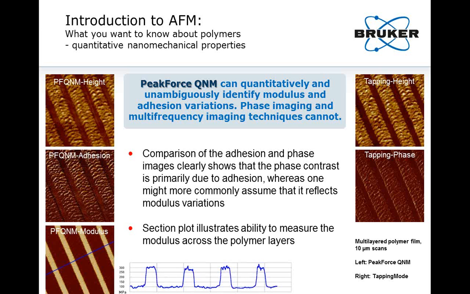We can see that one of the 2 types of layers in this material has within the layer this adhesion variation, and how this is a very pronounced modulus difference between the 2 types of layers that really wasn't reflected in the tapping mode phase image. And so AFM is actually, with this new peak force tapping technology and with peak force QNM, really a quantitative tool for mapping mechanical properties at high spatial resolution.